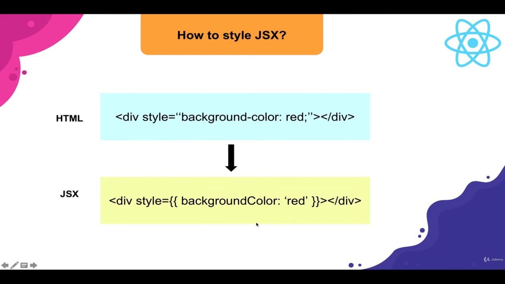Now, the other thing that you need to be aware of is that if we're trying to apply a style property name like background-color, we're going to remove that dash and then capitalize the next letter. Then we need to make sure that our values are wrapped with a single quote. Okay, so let's do it.